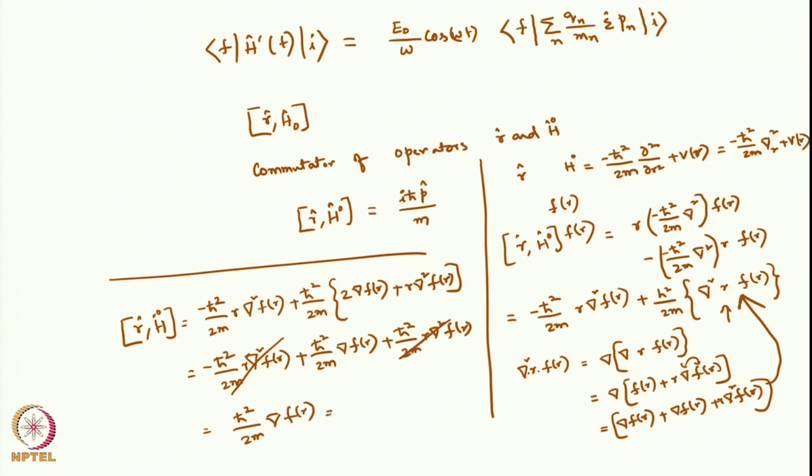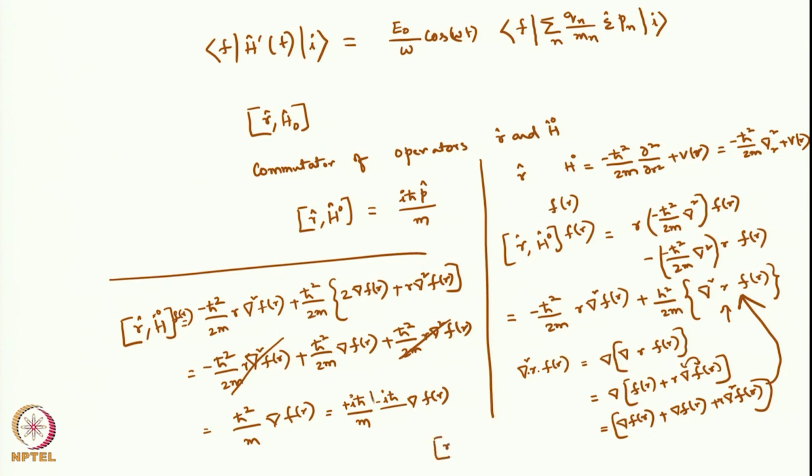So, this is equal to minus i h bar by m, multiplied by minus i h bar del f of R. Sorry, finally you do not have f of R because it is evaluated with respect to f of R, so you have to put f of R here as well.